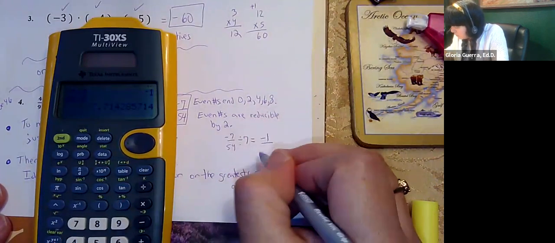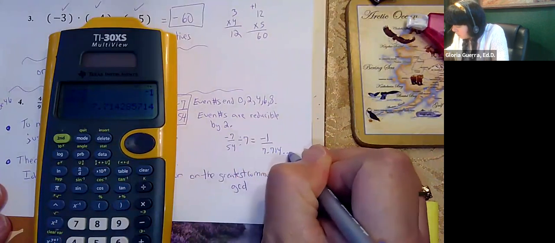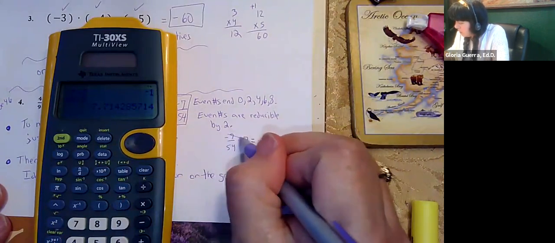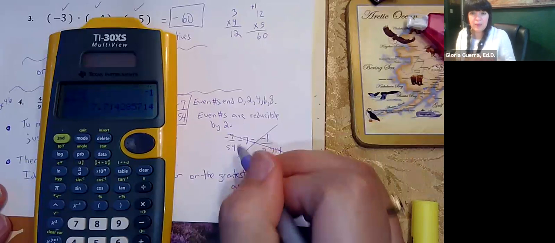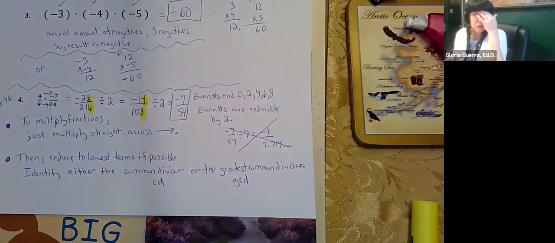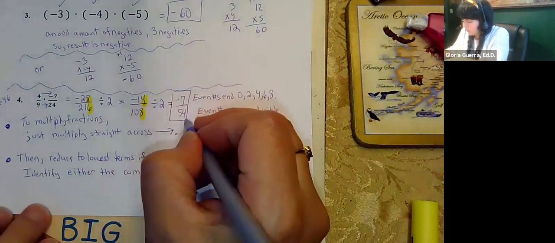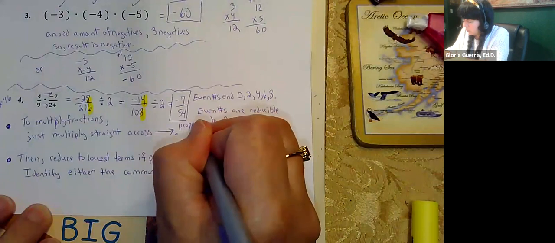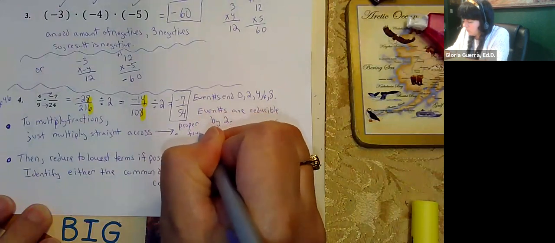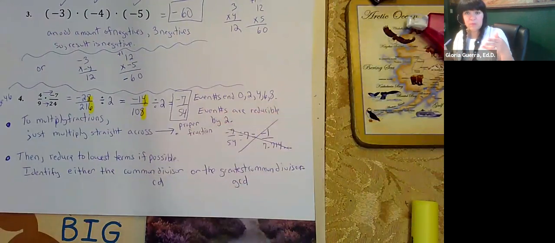I get a decimal, 7.714 and so on. You cannot have decimals like that in your fraction. So I'm pretty sure that's lowest terms. And this is called a proper fraction. Not improper, but proper.